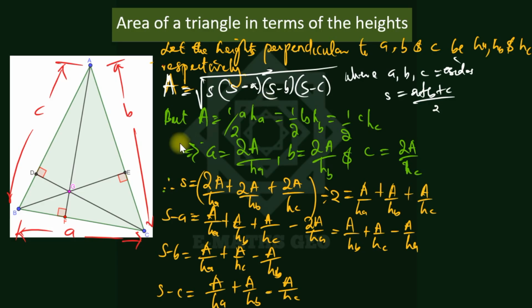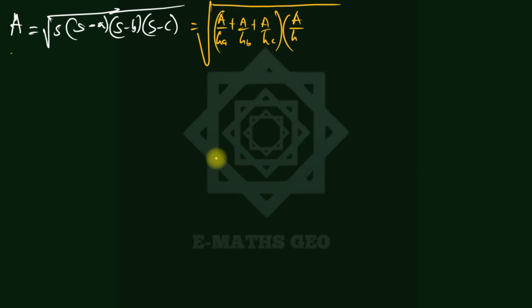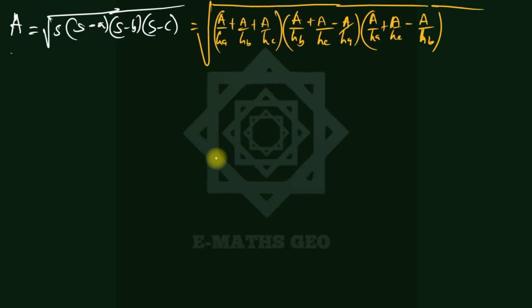If we now plug this into Heron's formula, we have the formula we are looking for. Let's substitute. The area is now equal to the square root of: S, which is A/HA + A/HB + A/HC, times S minus A, which is A/HB + A/HC - A/HA, times S minus B, which is A/HA + A/HC - A/HB, and finally S minus C, which is A/HA + A/HB - A/HC.